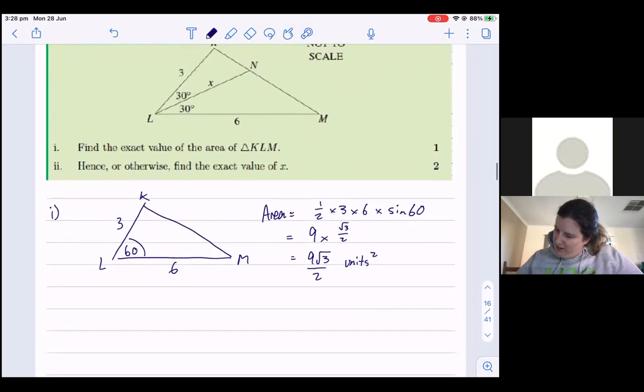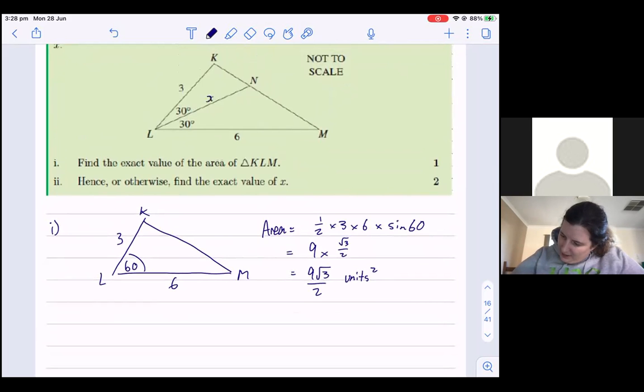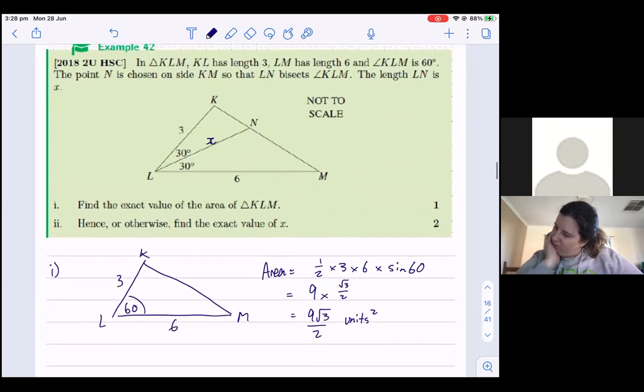Hence, otherwise find this little length here. I don't think that that would help.